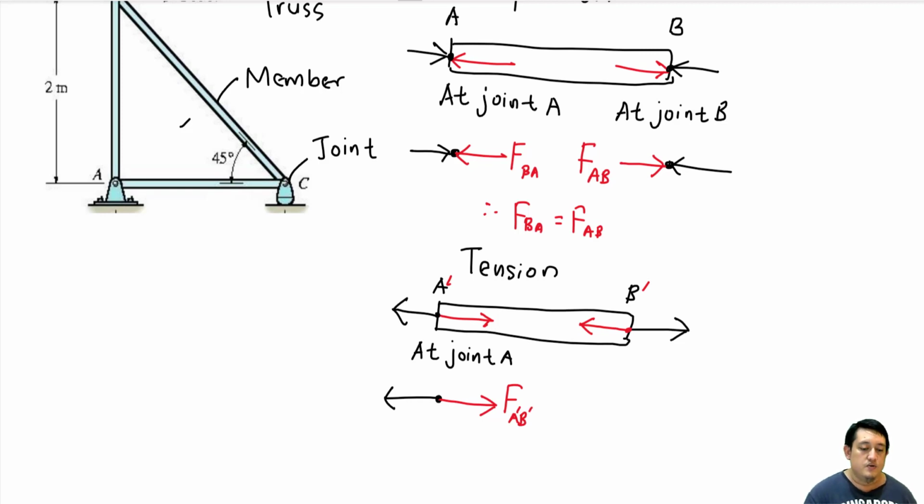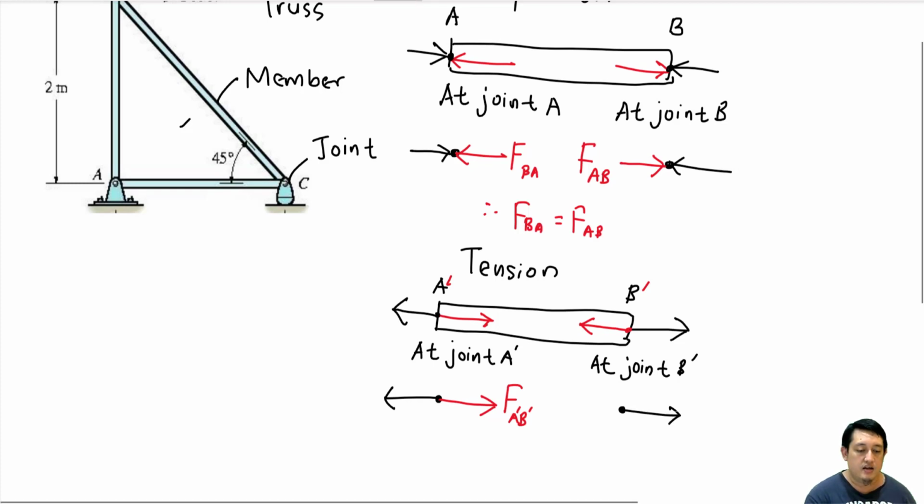When we want to draw the FBD at joint B prime, this one is A prime. We will have an external force like this, and the force inside the member when it is in tension will be in this direction.